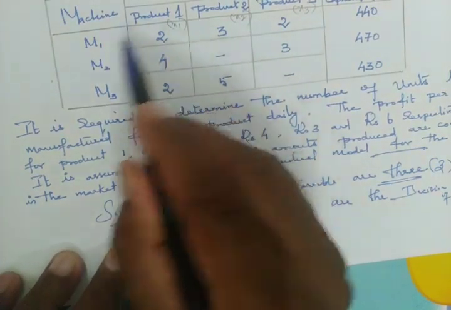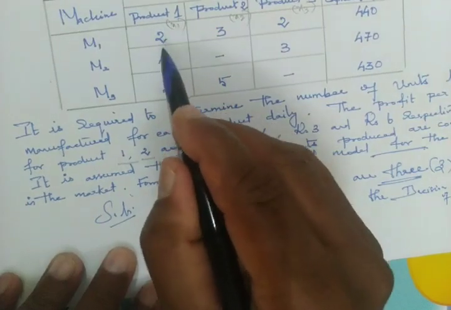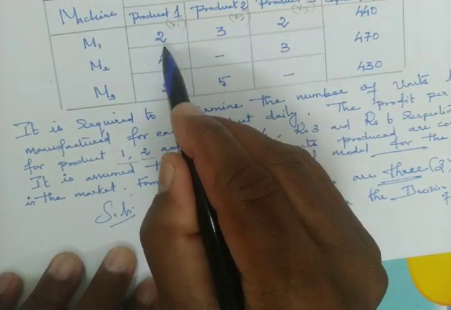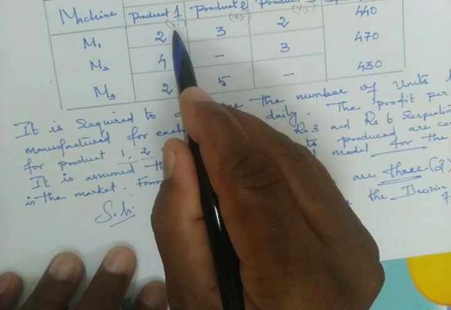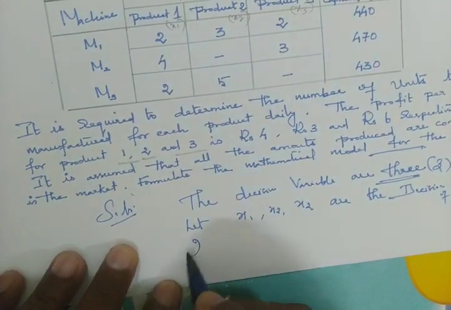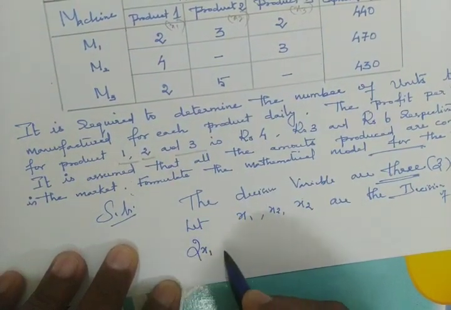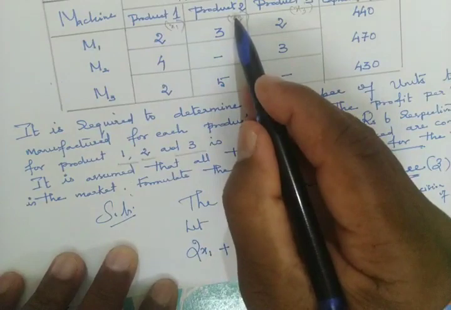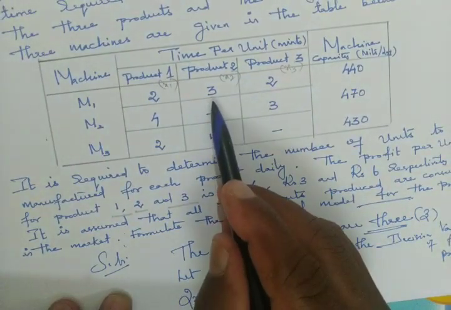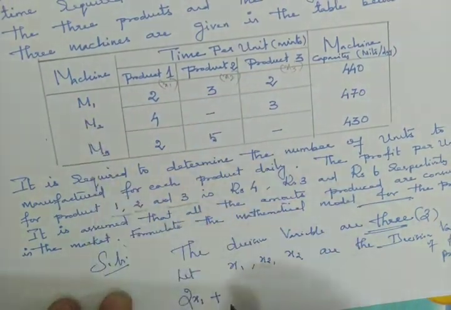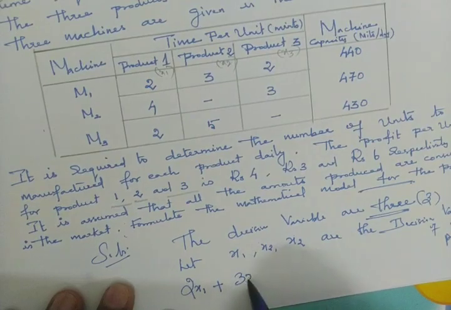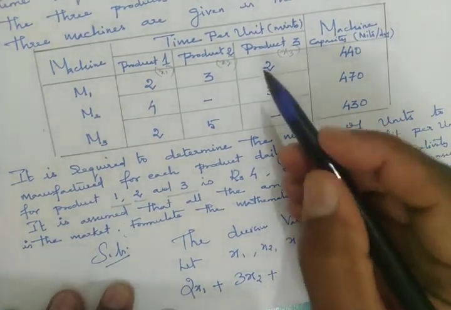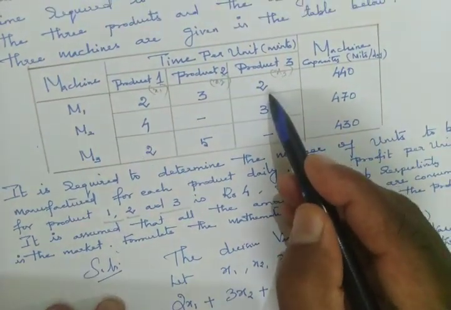For machine 1, product 1 takes 2 minutes, so 2 into x1, plus product 2 which takes 3 minutes in m1, 3 into x2, then product 3 which takes 2 minutes in m1, 2 into x3.